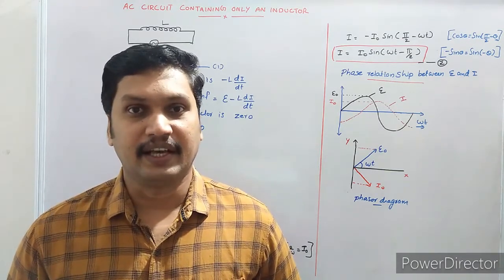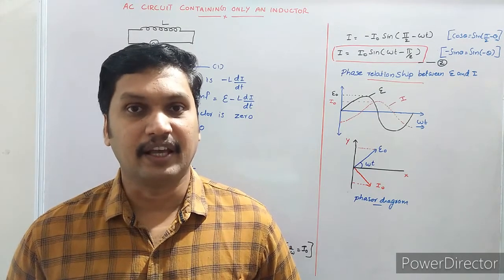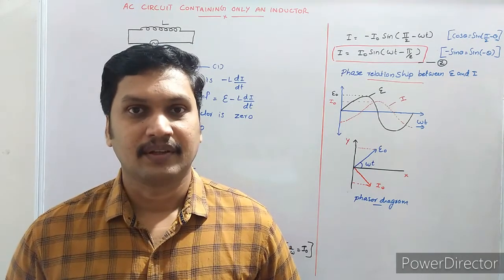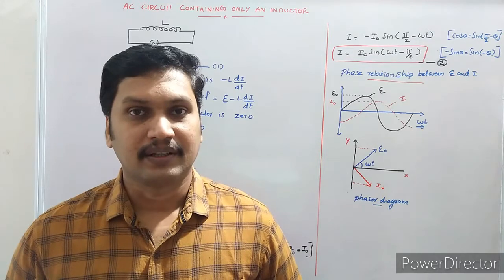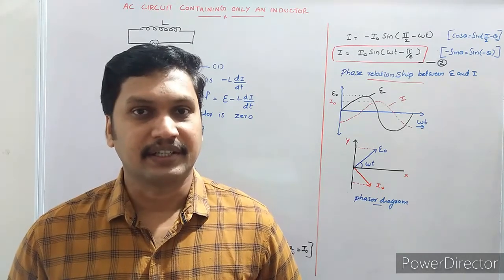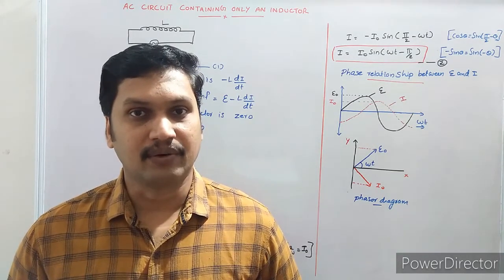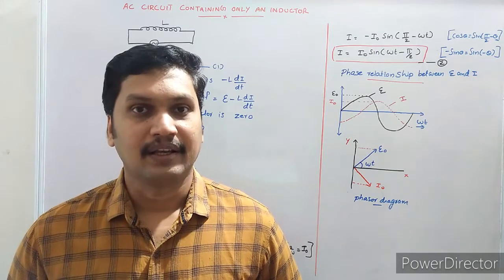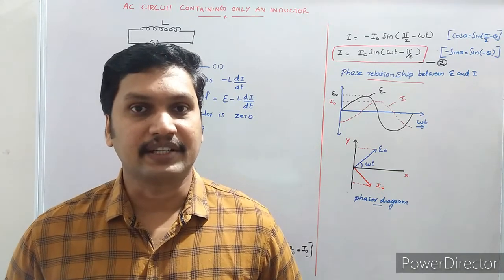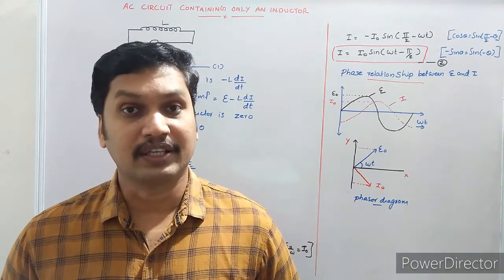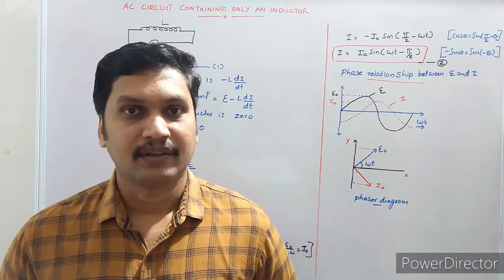Today we discuss an AC circuit containing a pure inductor. In the last chapter, that is in electromagnetic induction, we learned that a solenoid or a coil has a property that it opposes growth and decay of current.